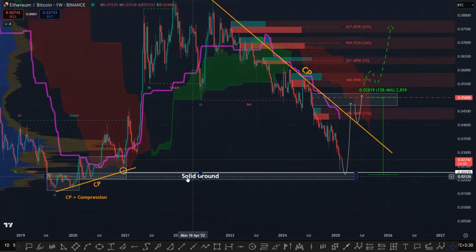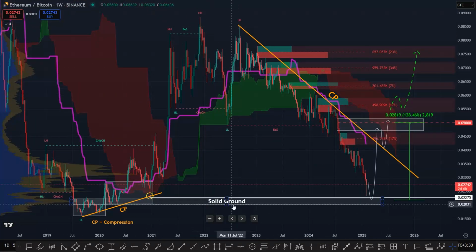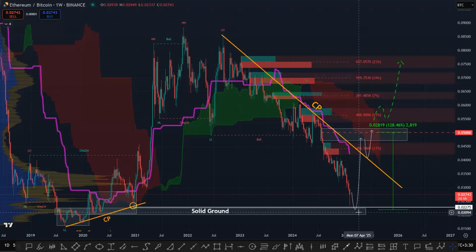So this could be my solid ground here, and because we have a lot of liquidity below this shadow, probably we will come back and hunt the liquidity below this shadow, which is at the same level as our solid ground, adding to the probability of these movements.